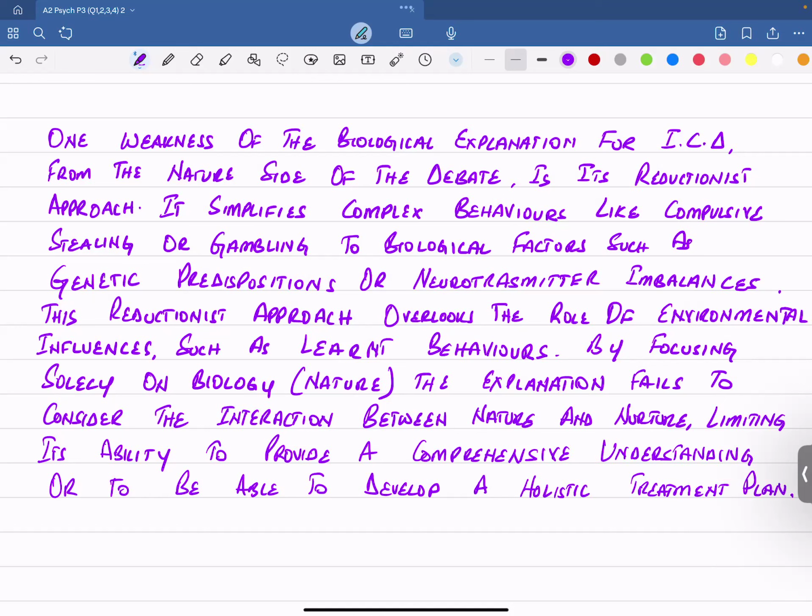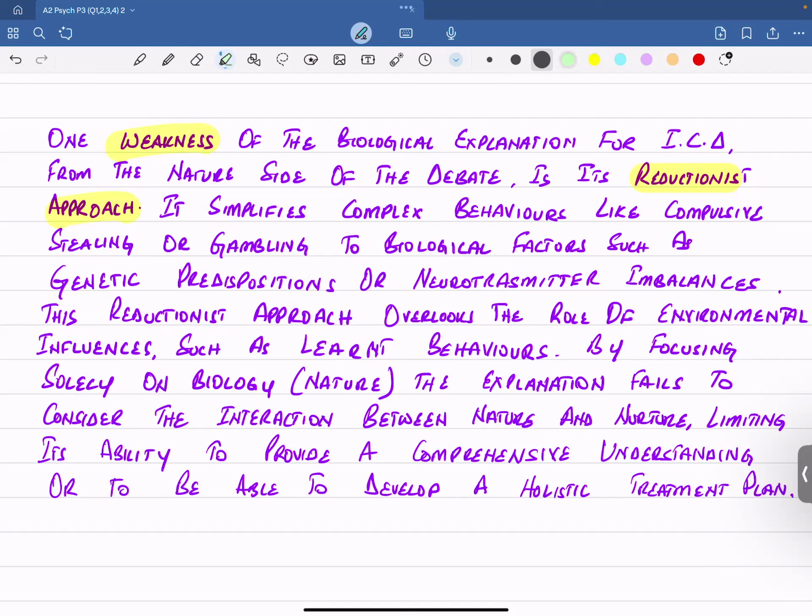So, one weakness of the biological explanation for impulse control disorder from the nature side of the debate is its reductionist approach. So we recognize this is a weakness. Now we further elaborate on this.